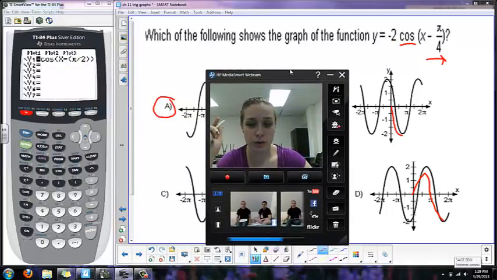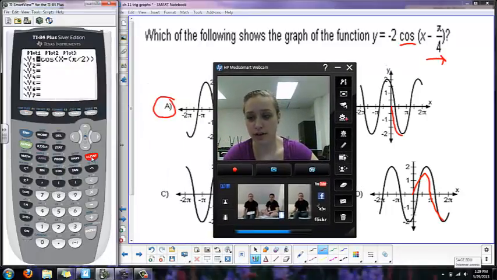The other way that you could approach problems like this is use your graphing calculator. You could actually type this whole thing in. So -2 cosine of x minus pi over 4. But no one in class liked these questions, so it was really bad.